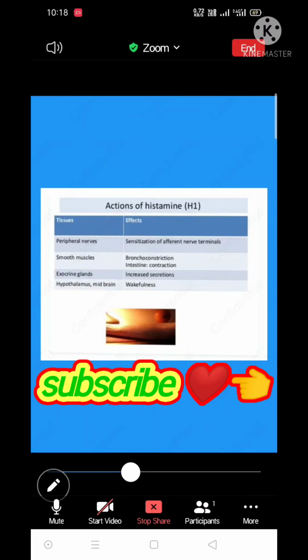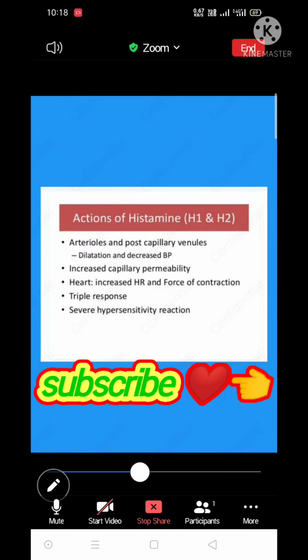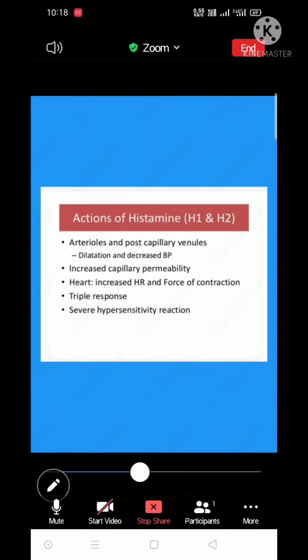Action of histamine, H1 or H2. Basically, we have to see the action of the H1 and the H2 receptor. Here, the first point is arterioles and post capillary venules: dilation and decrease in BP.